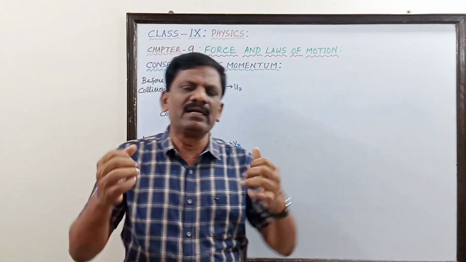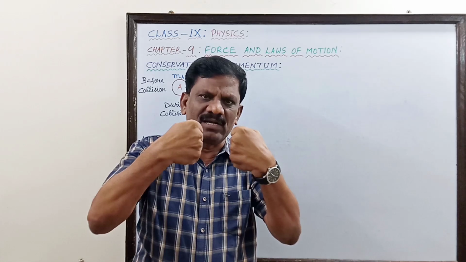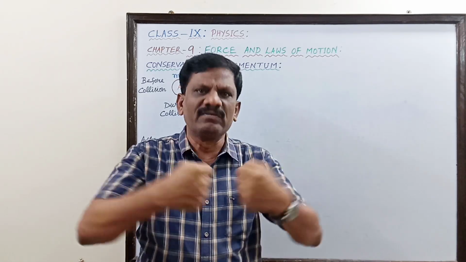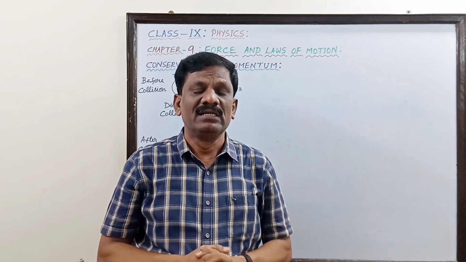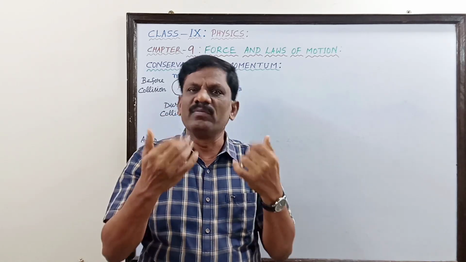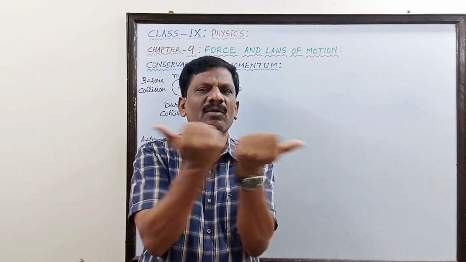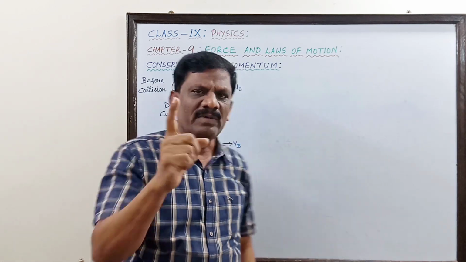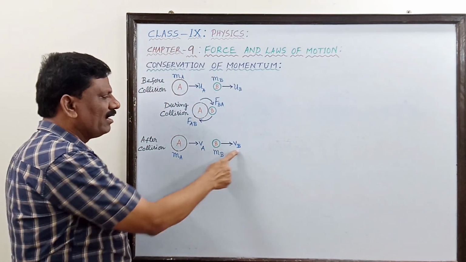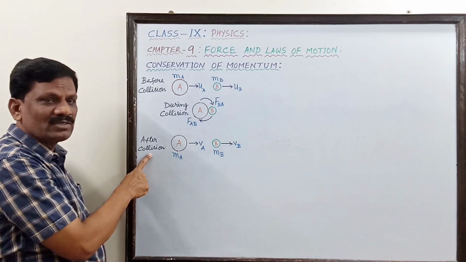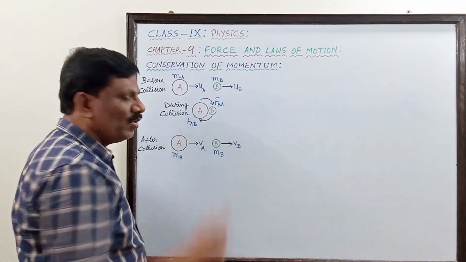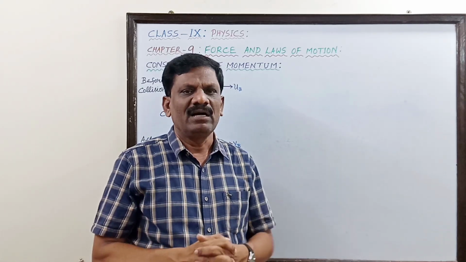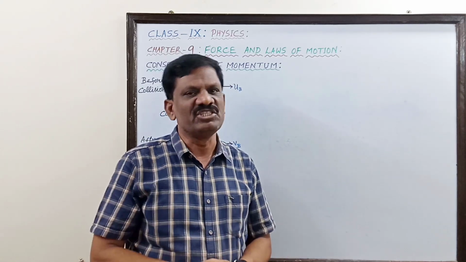During collision the two bodies will be in contact for a very short interval of time t. Then afterwards they will get separated. After getting separated there are so many possibilities. Both may travel in opposite direction or they may continue in the same direction also. In this diagram I have assumed that after collision also A and B move in the same direction. But due to the impact their velocities will change.